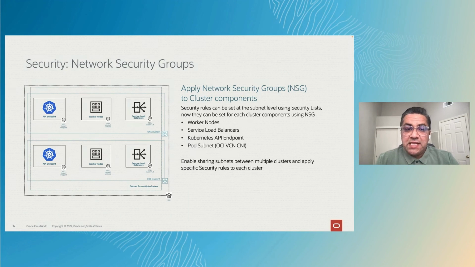So with the help of NSGs, you can now create an entire OKE cluster within a single subnet, simplifying subnet management altogether. Instead of having separate subnets with different security list rules to control the inbound and outbound traffic for, let's say, your Kubernetes API endpoint, worker nodes, pods, and load balancer, because these different resources would have varying security requirements.